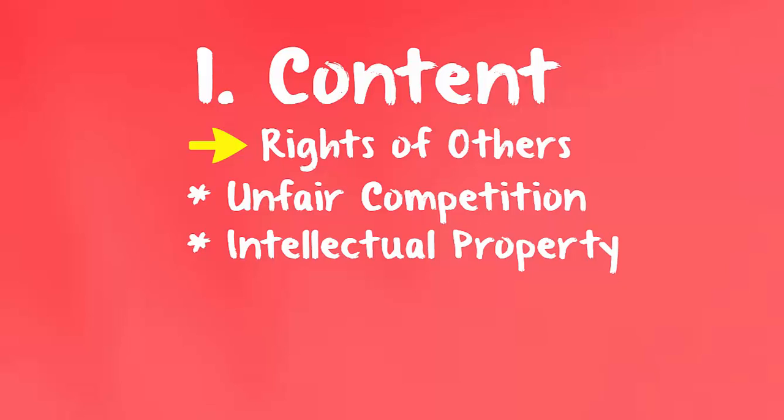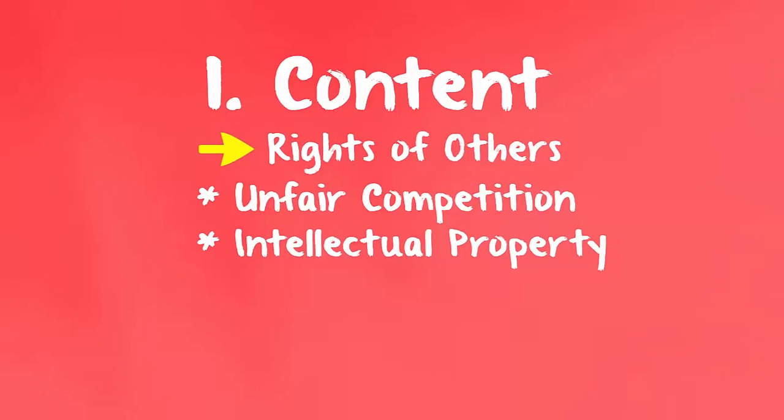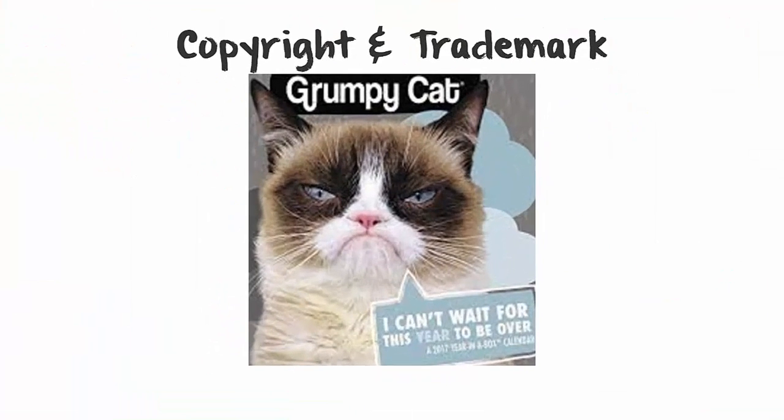Another type of content-related risk would be intellectual property. If others have rights in intellectual property and we violate those, we could be subject to very substantial liability. And we also presented and discussed an example, and here it is, Grumpy Cat, with the understanding that Grumpy's owners have filed and secured registrations for copyright in a whole series of Grumpy Cat images, and also have secured a registered trademark in the name Grumpy Cat.